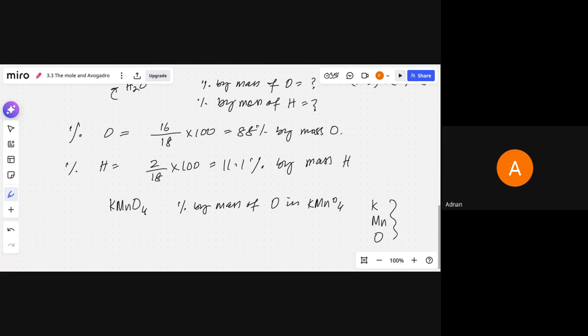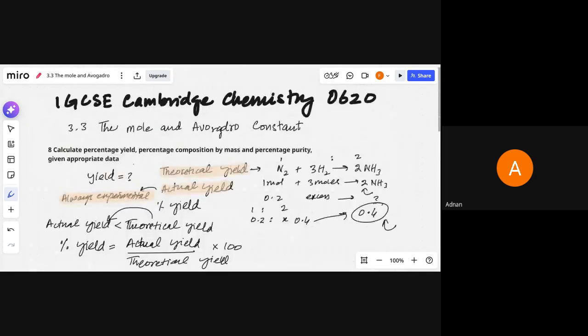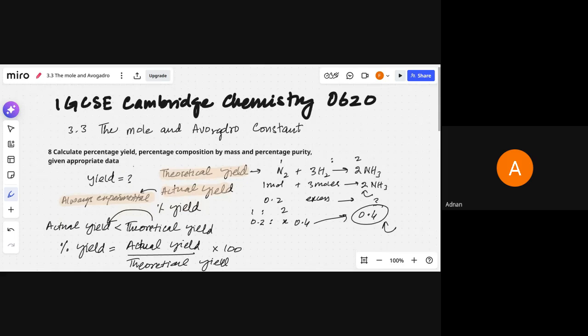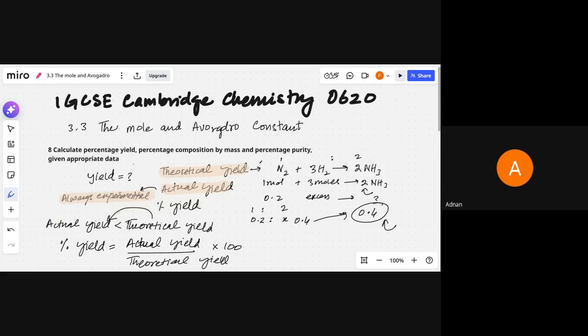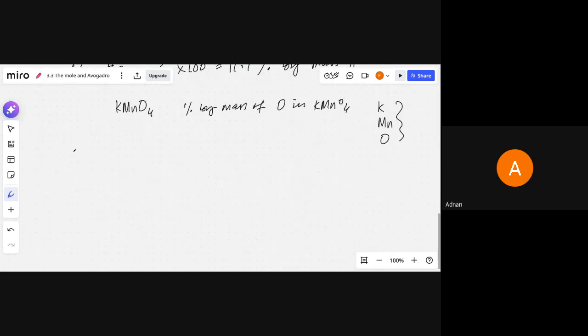Okay, so now we move on to the third and last topic of this subtopic, which is percentage purity. Let us see what percentage purity is and how we calculate it.